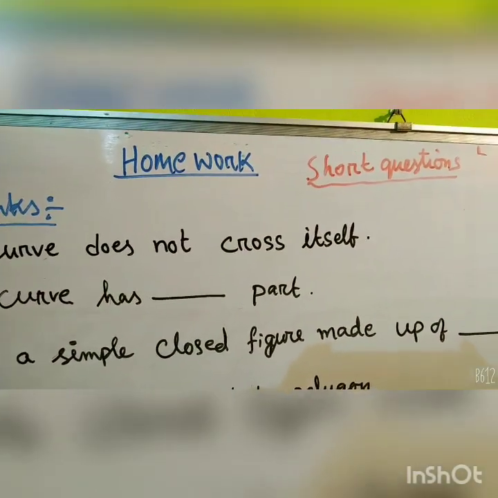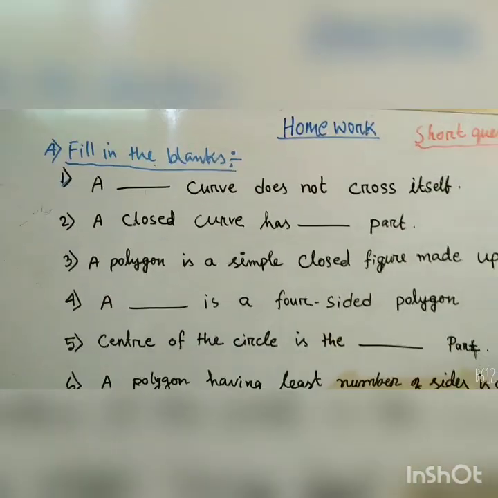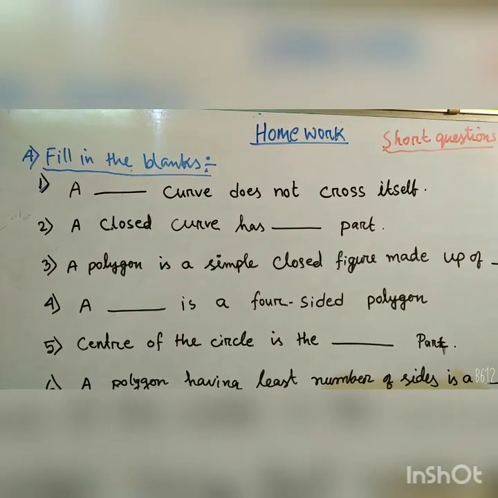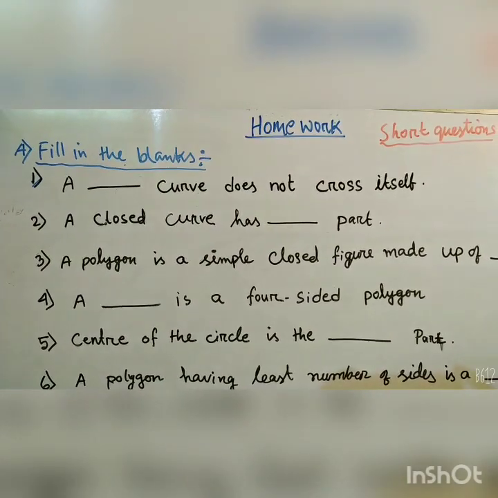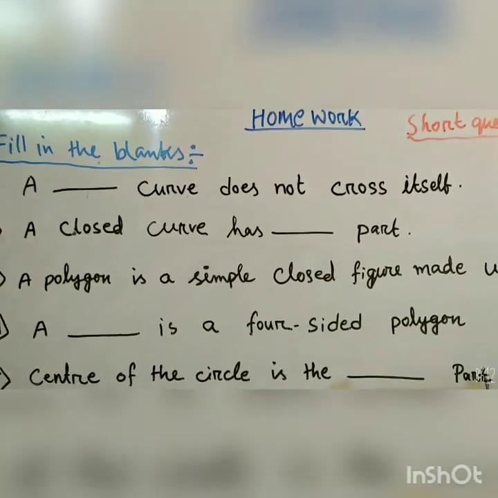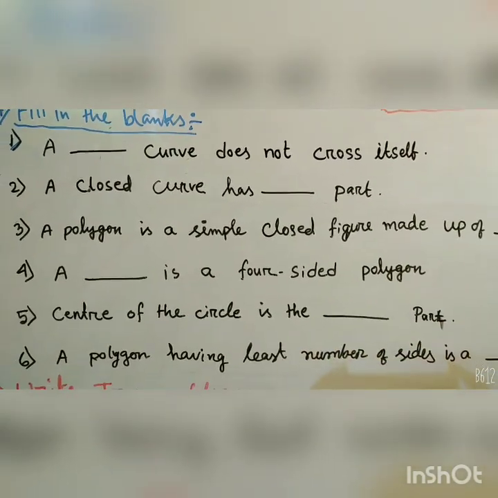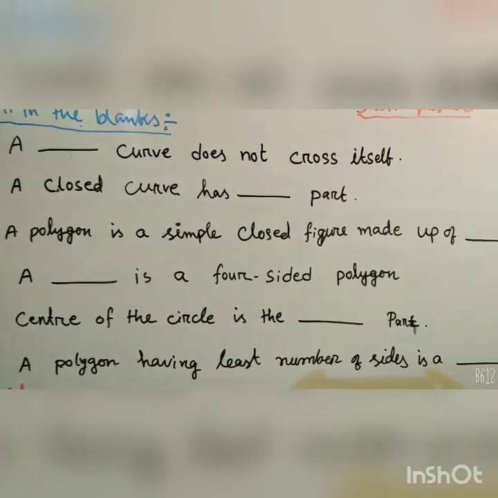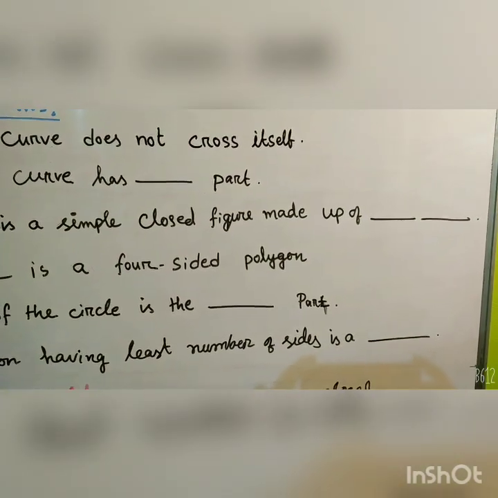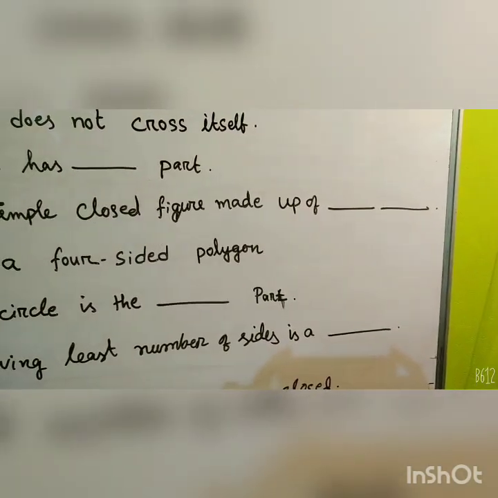Okay, write some homework short questions. Fill in the blanks. Question 1: A dash curve does not cross itself. Question number 2: A closed curve has dash parts. Question number 3: A polygon is a simple closed curve figure made up of dash dash.